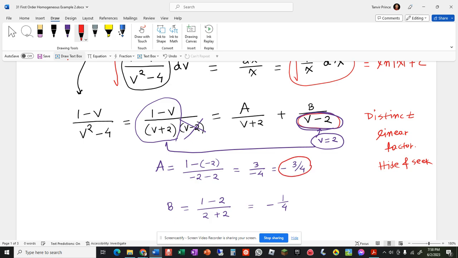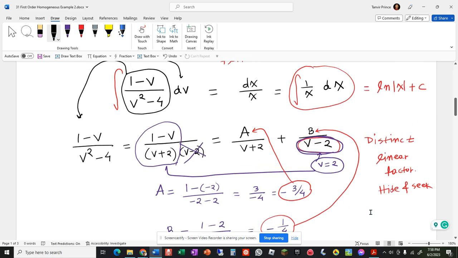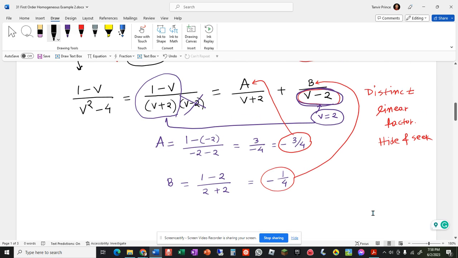So this goes in place of A, and this goes in place of B. So let's do that. We're only doing the left hand side now. So 1 minus v divided by v squared minus 4 is equal to A over v plus 2, but my A is negative 3 over 4, over v plus 2, plus B, which is negative 1 over 4 divided by v minus 2.